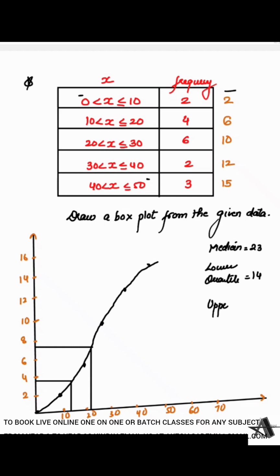Then the upper quartile is 3 by 4 of your value, so 3 by 4 of 15, which is approximately 11. At 11, somewhere here, draw a horizontal line and then a vertical line.